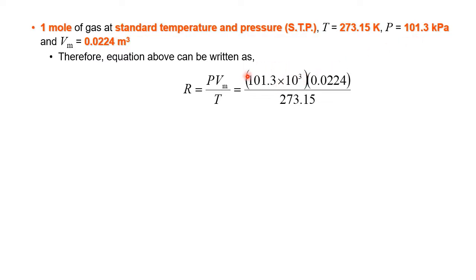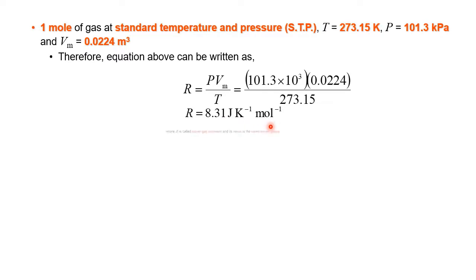Okay, ini tukar kepada daripada kilopascal kepada Pascal, and then volume, okay, at standard temperature pressure is 0.0224 meter cube. Okay, volume mesti dalam meter cube, and temperature mesti dalam Kelvin, 273.15. So we get R equals 8.31 joule per Kelvin per mole.